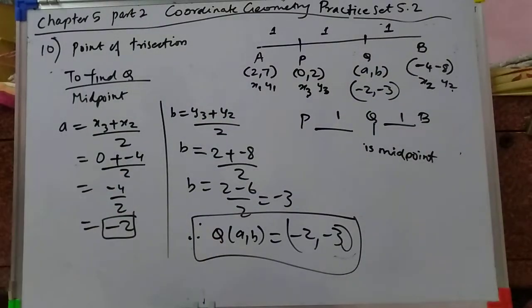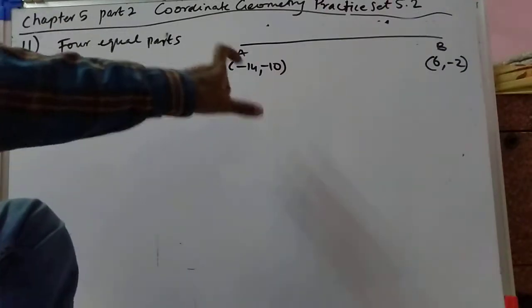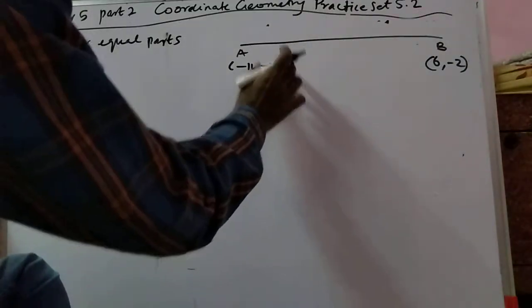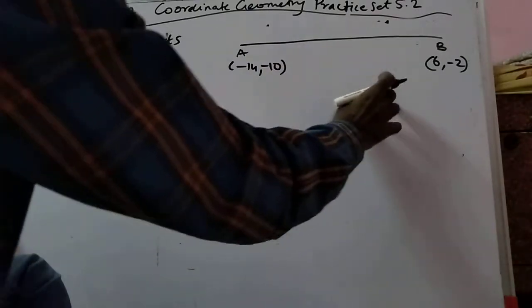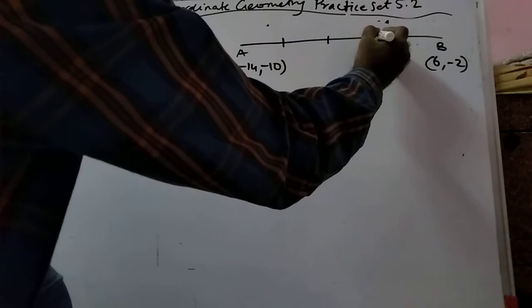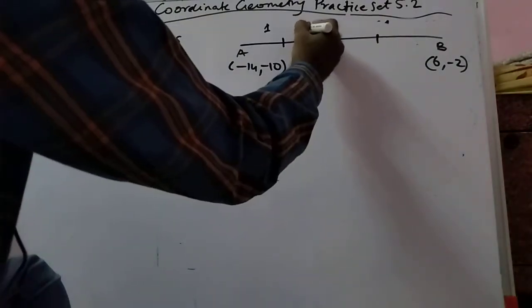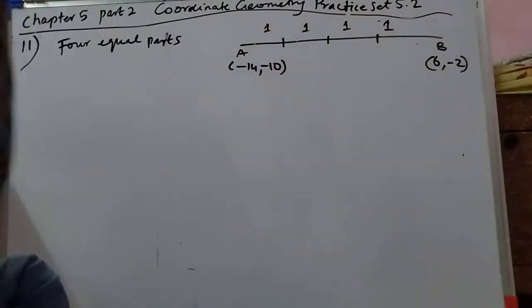Okay, I hope you got this. Next we do the 11th problem. 11, 4 equal parts. And here we have to divide it 3 times: 1, 2, 3, 4 equal parts.